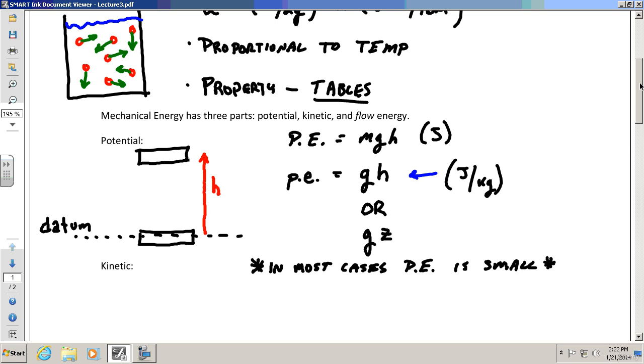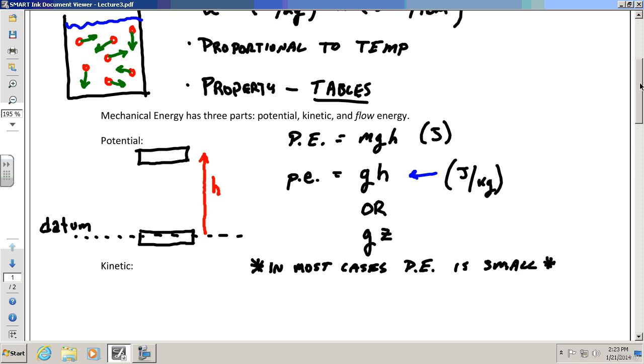The problem gives you some kind of height. It says the water flowed from 80 meters above down to something. That's probably a clue you need to use potential energy. If there's no information given about heights or elevations, potential energy is probably not significant.